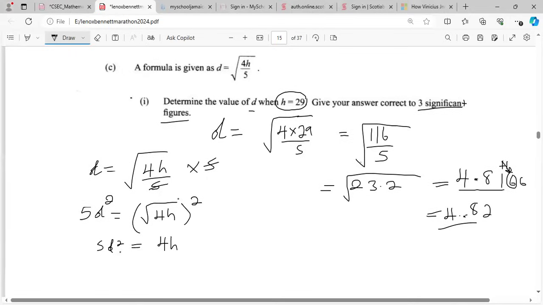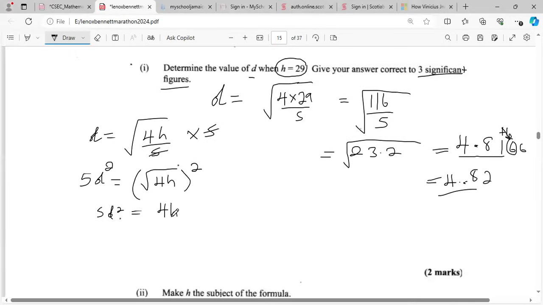And then we take the opposite of times, which is divide. And there we have it. H is the subject.